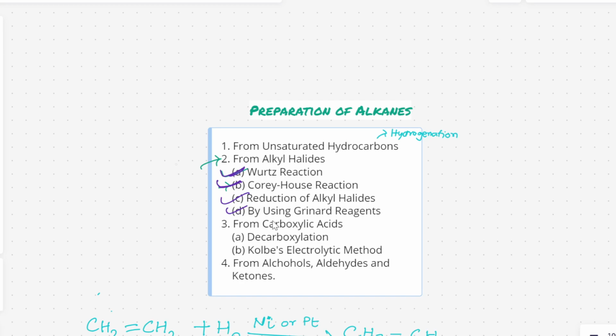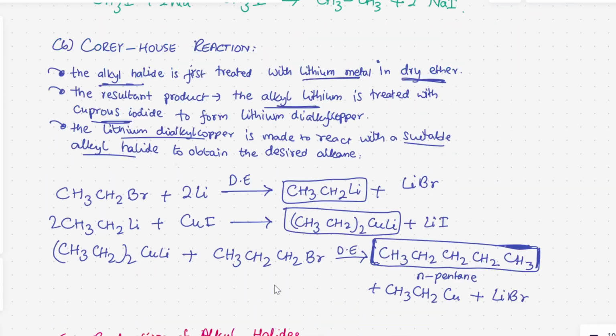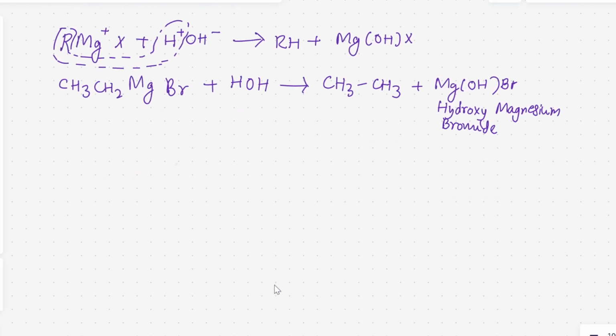In the next session, we will look into the preparation of alkenes using carboxylic acids, and of course from alcohols, aldehydes and ketones. Before that though, we would need to keep a few things in our mind.